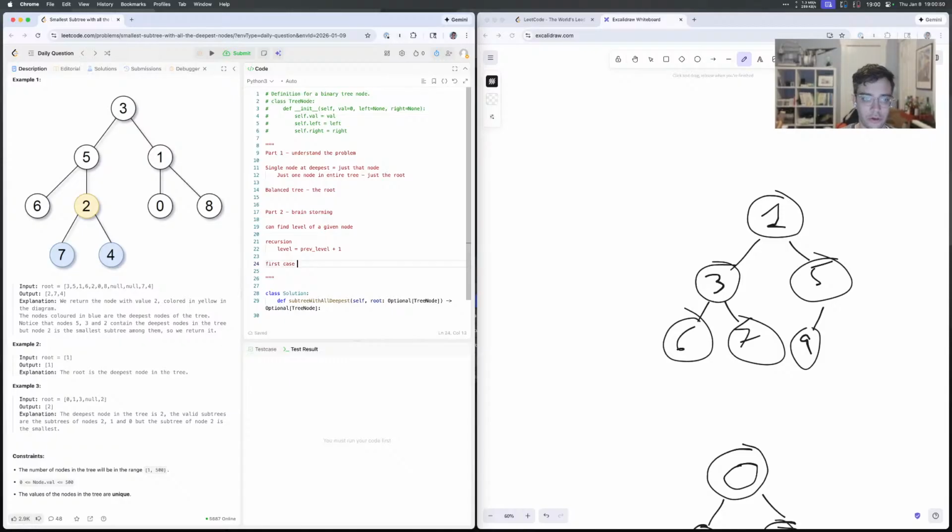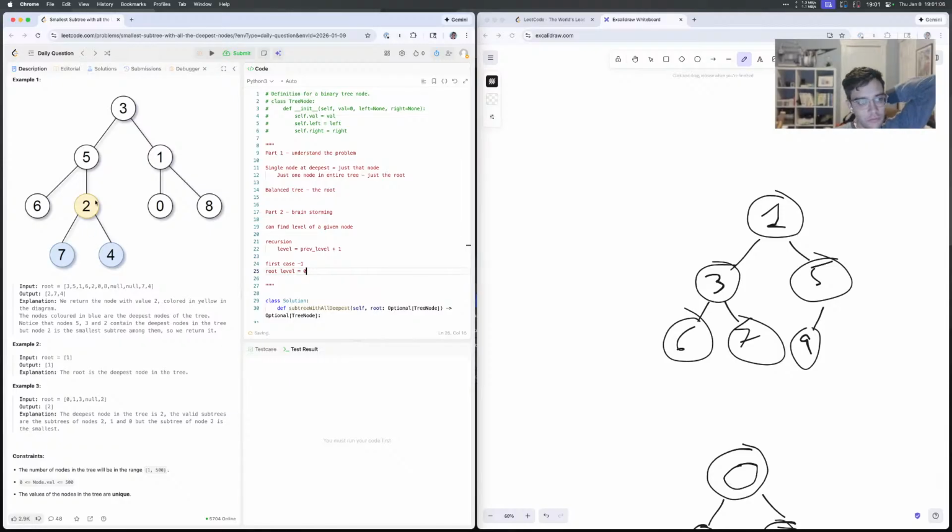Or you could pass -1, I guess, or it could be 1. It doesn't matter, but I should probably pick one, so I'm going to say root level equals 0.